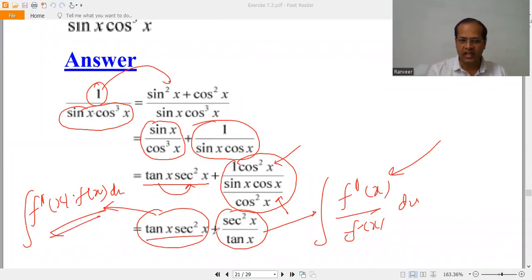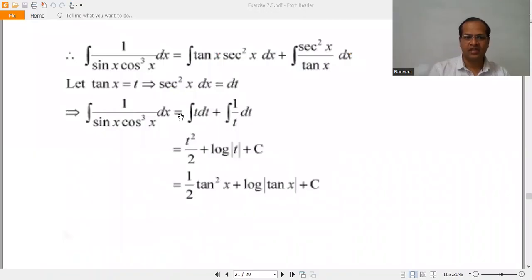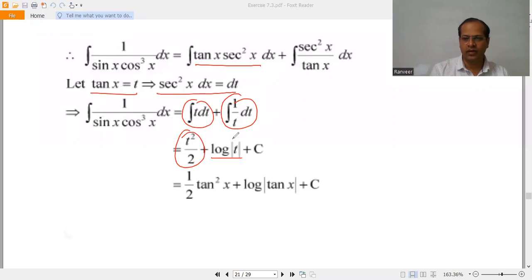Now in both cases, we have to take fx as t, and its differential value is existing in the numerator, and directly we can find out the answer. Now first case, tan x sec square x. So tan x equal to t, sec square x dx. This is t, and here 1 by t. So this is t square by 2, and this is 1 by x is log x, so log t, and we have to substitute the value.